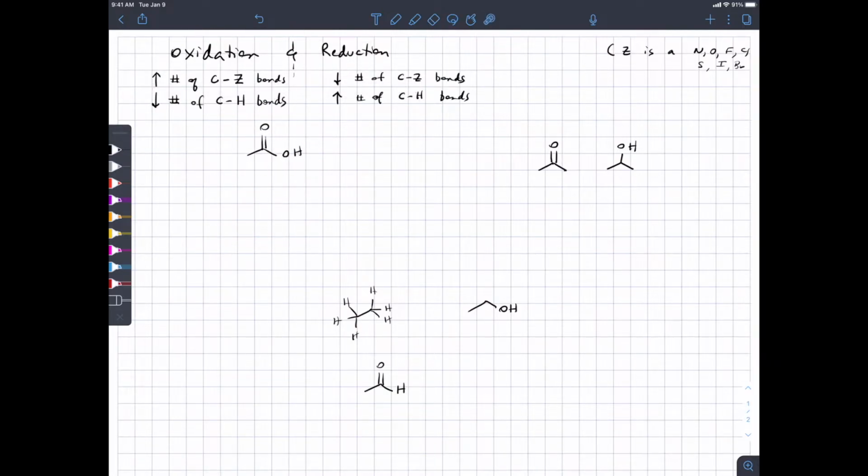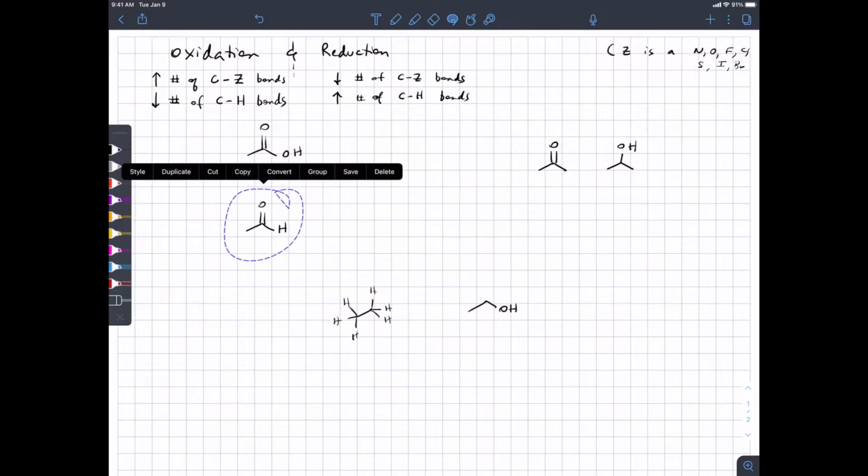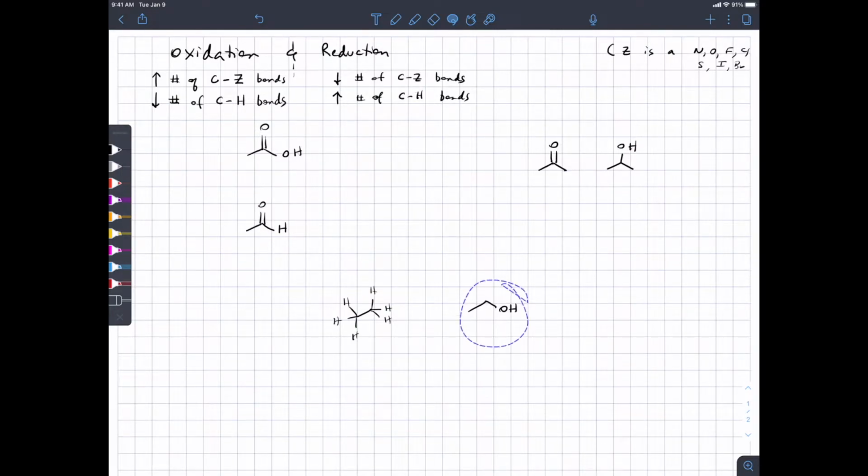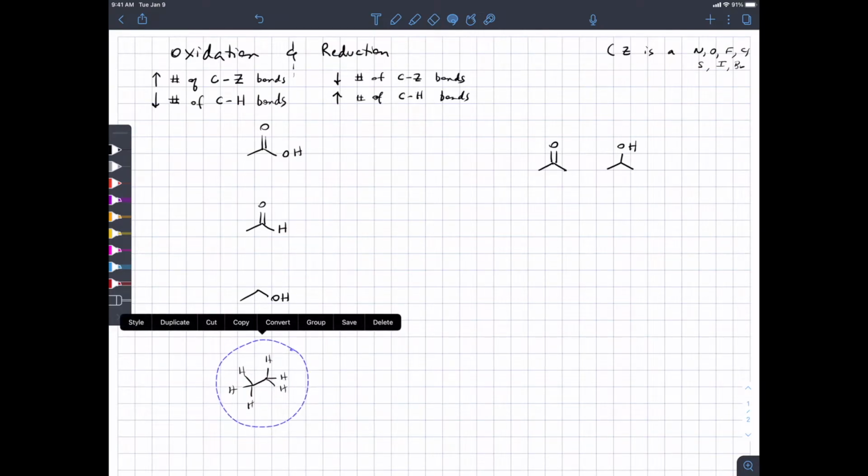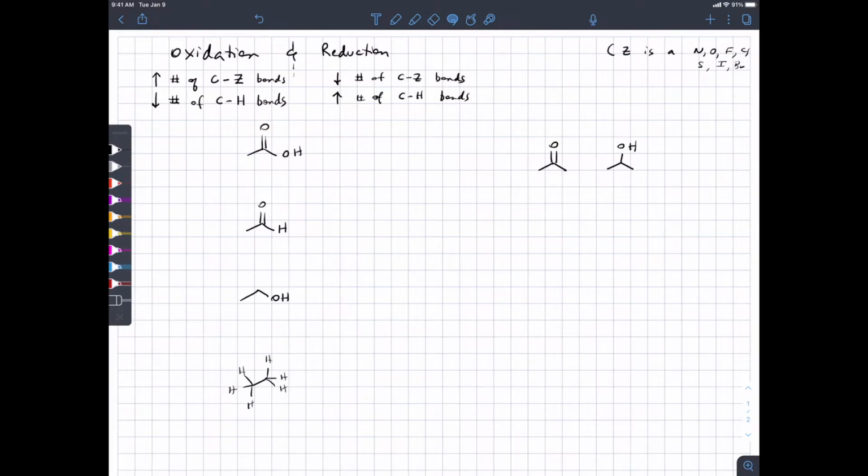So it's not just that it has 2 oxygens, it has 3 bonds to oxygen. And then what? Then the aldehyde. Why is the aldehyde higher up in oxidation than the alcohol? 2 bonds to oxygen versus the alcohol, 1 bond to oxygen, versus the alkane, no bonds to oxygen.